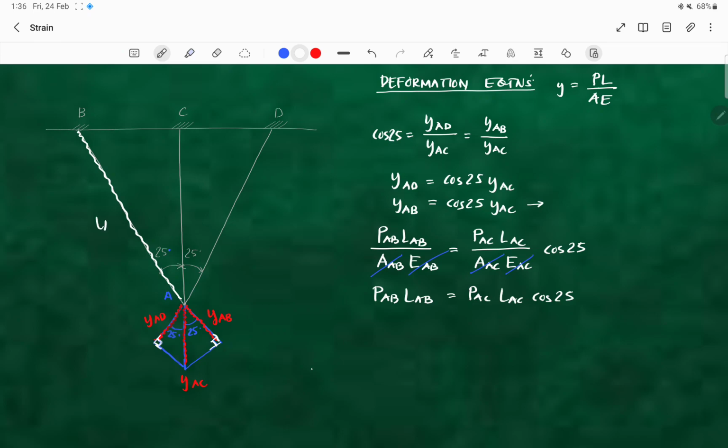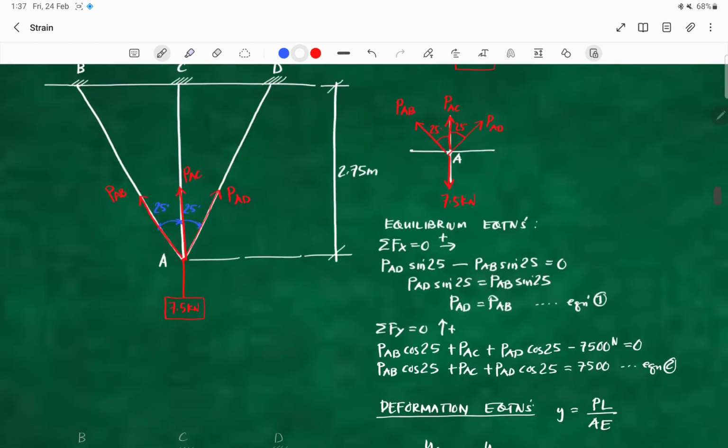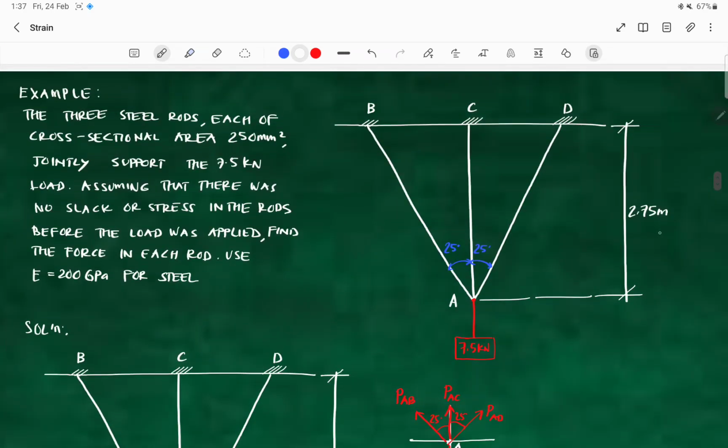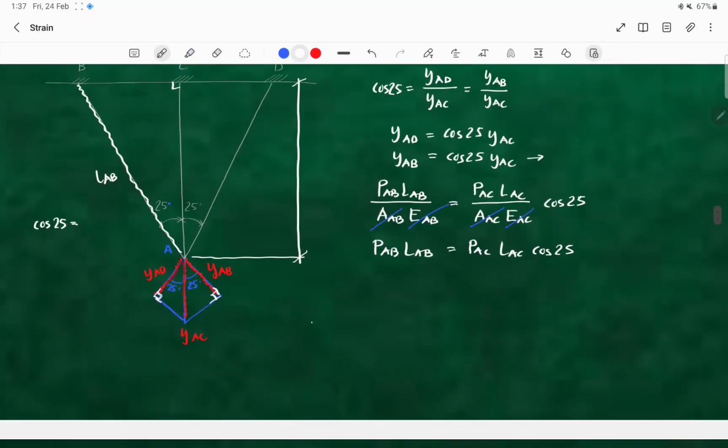So, kukunin na lang natin yung length ni AB, which is ito yan. So, ito yung length ni AB, no? We know this is 90 degrees. We have 25. So, by cosine 25 degrees. So, we know yung length nito is given. So that is 2.75 meters.